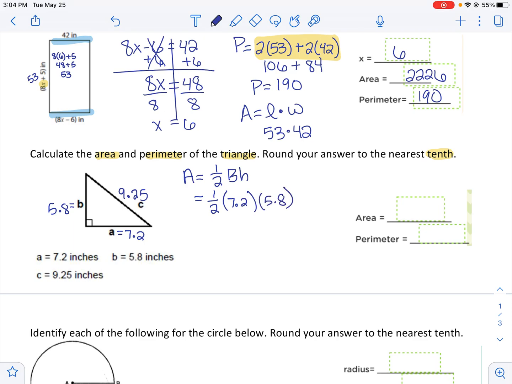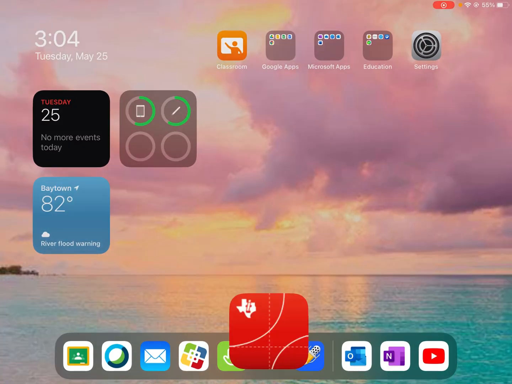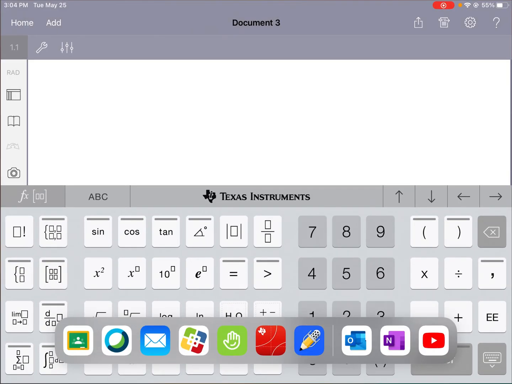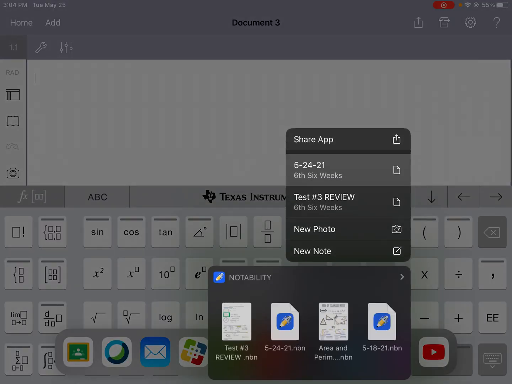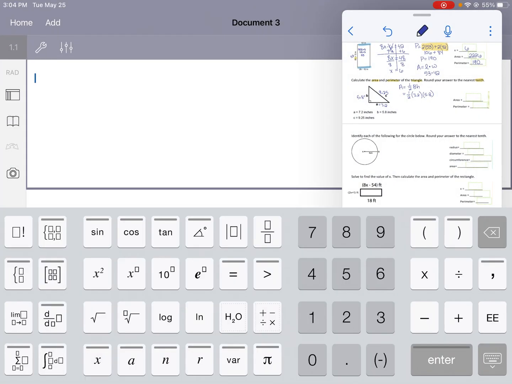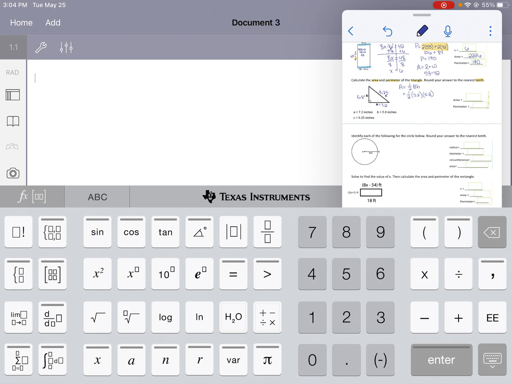Okay, I'm going to go ahead and type that into the calculator. So I'm going to go to a new calculator screen. I'm going to go ahead and lay my notes on top. Okay, so I'm typing it in. I have 1/2 times 7.2 times 5.8.